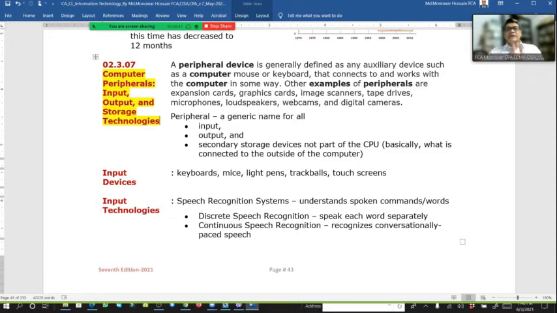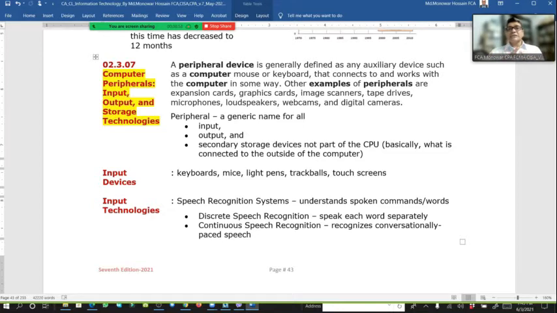That means an item not built in or included with the computer system, which we can connect through a device. That type of item or device we can call a peripheral device.